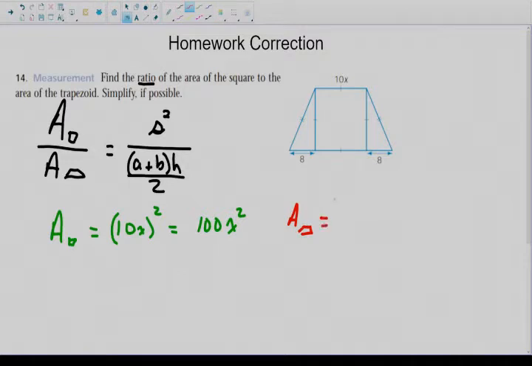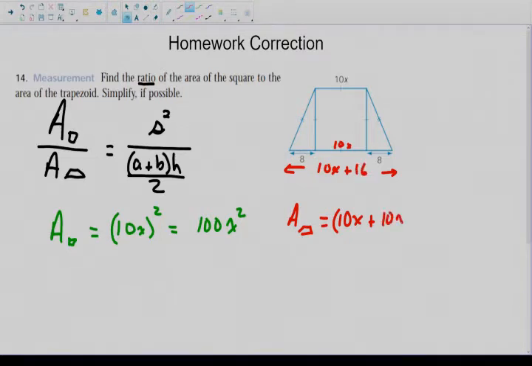what do we have? Well, we have A plus B, and like I said, A is the length at the top here, which would be 10x, plus B. Now what is the length of the base length here? Well, we know this little piece is 10x, so it would be 10x plus the two little pieces that we have here, which would be 8 plus 8, which is 16.